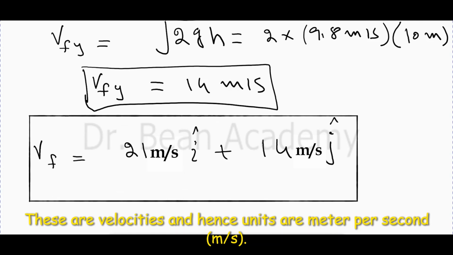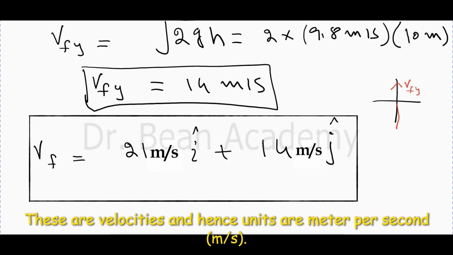I just want to point out one more thing, because usually it's up to you and it doesn't matter. For a reference frame, if a quantity is upward, we usually take it as positive, for example vf of y.